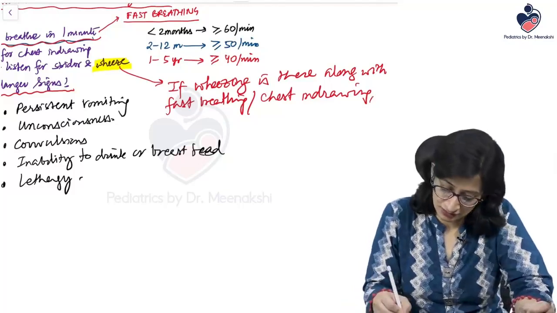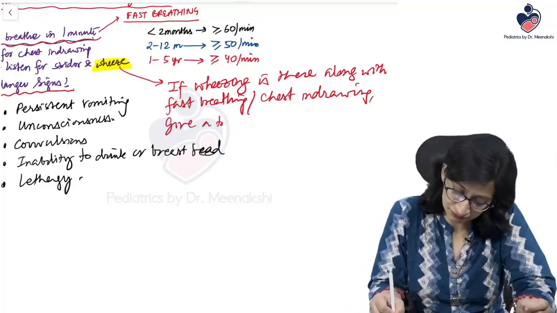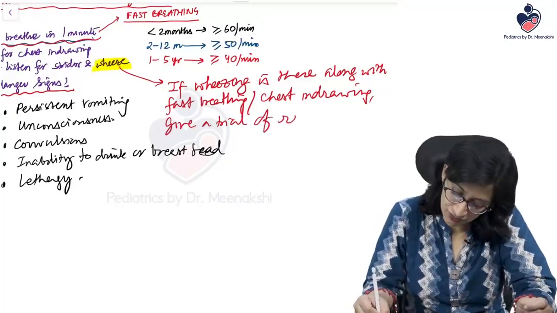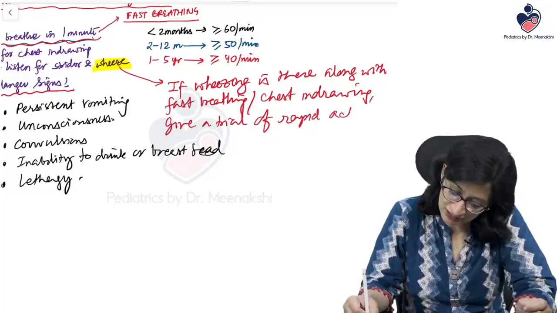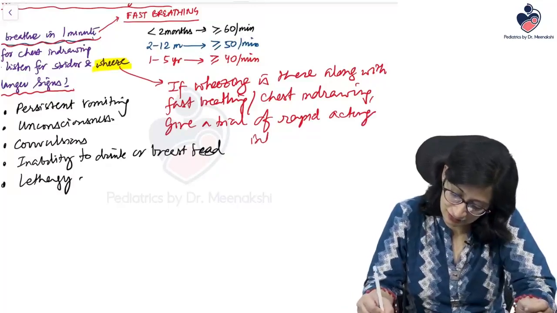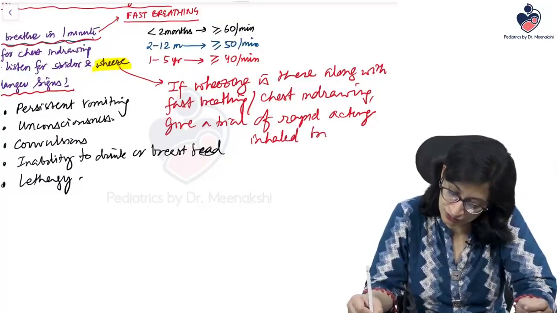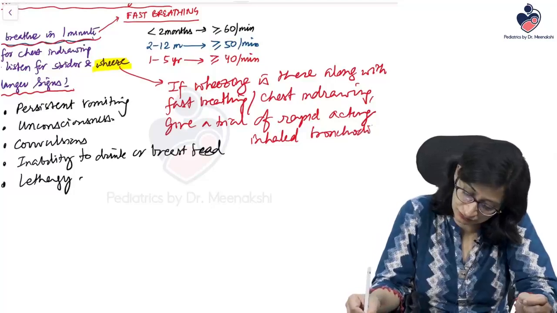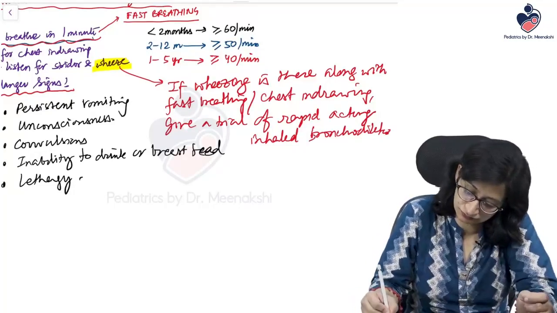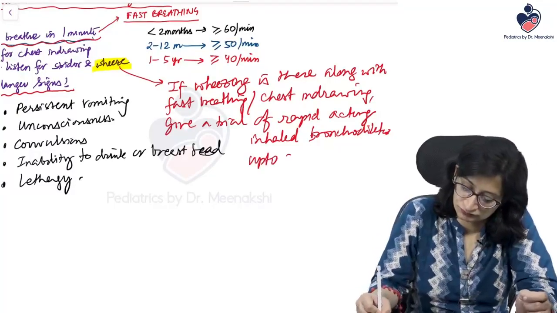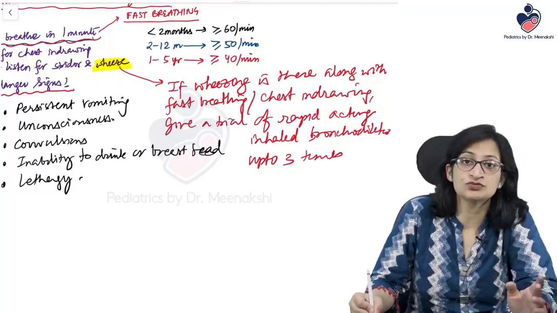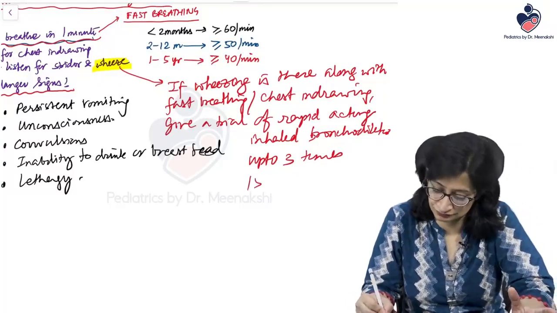Give a trial of rapid acting inhaled bronchodilator up to 3 times, 15 to 20 minutes apart.